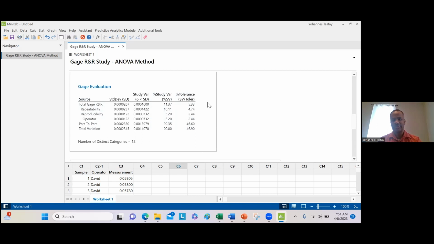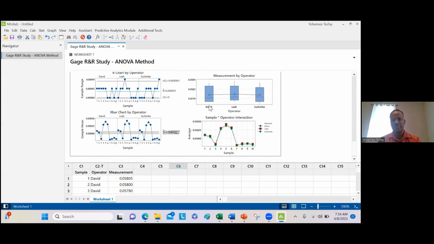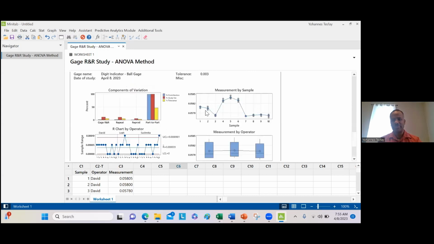This is the measurement. First, you are going to look at the part-to-part variation, but the measurement here, repeatability, is the scatter, how much scattered nature. Then you're going to control the operator.